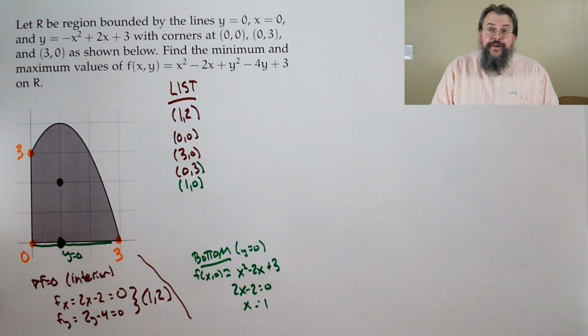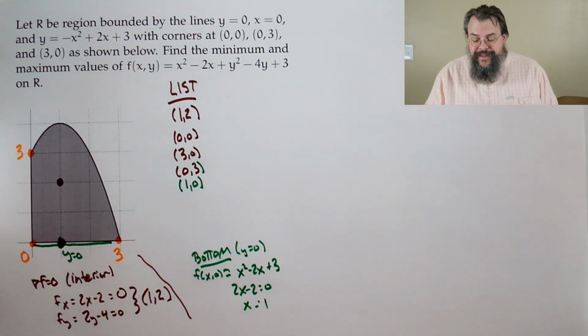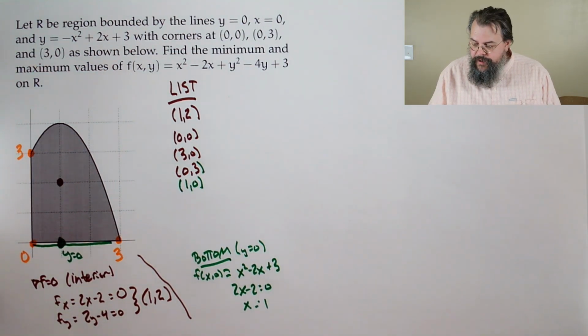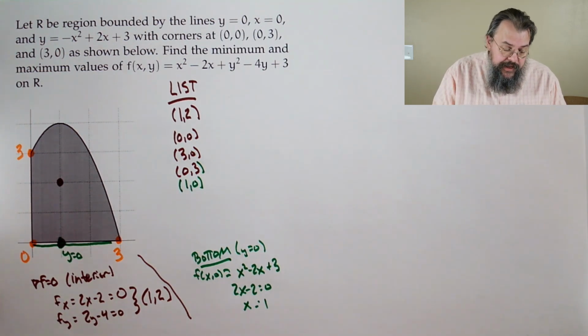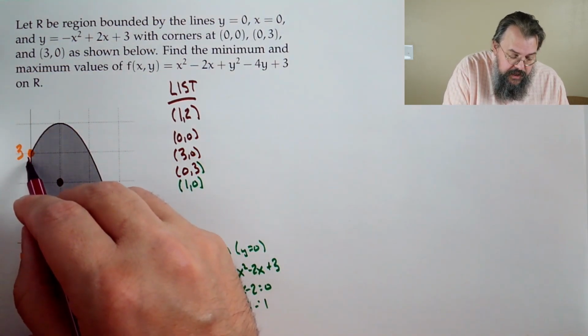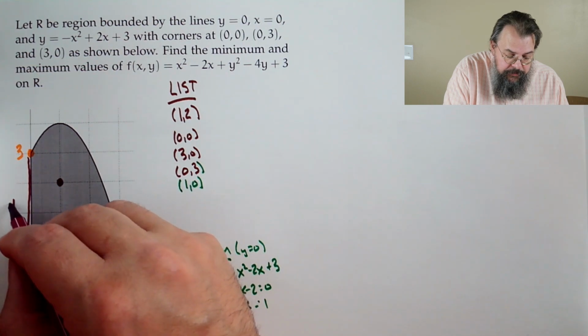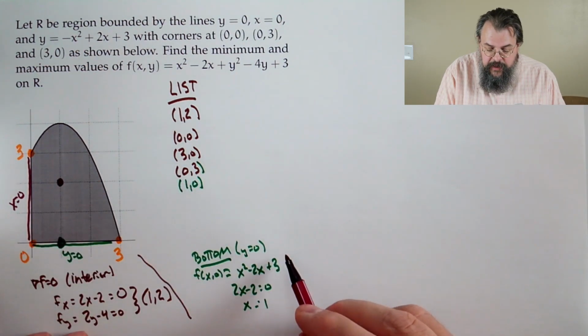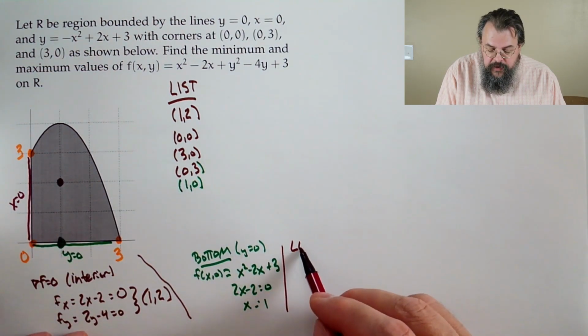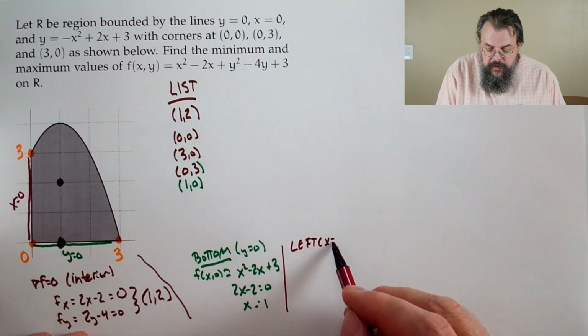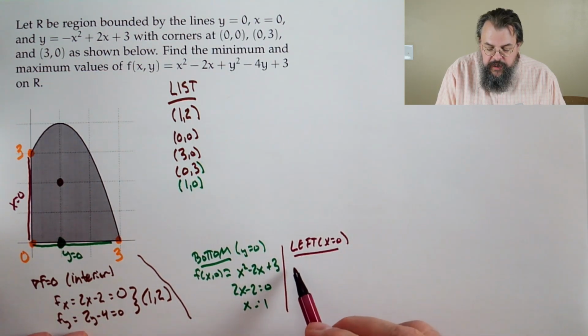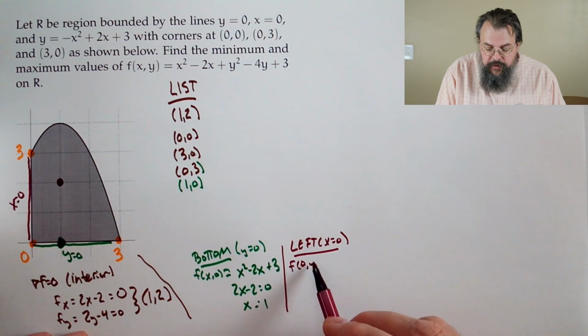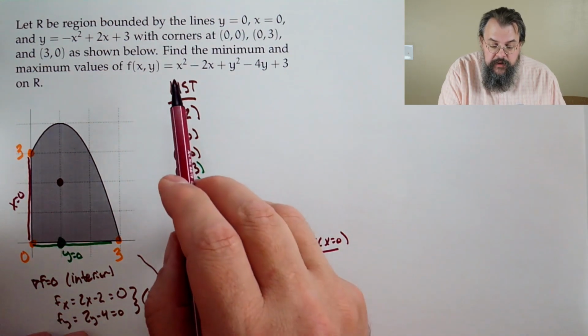Now let's go and do the left-hand side. On the left-hand side, that would be where x equals 0. So for the left, our function becomes f of 0 comma y. Well, that's easy.